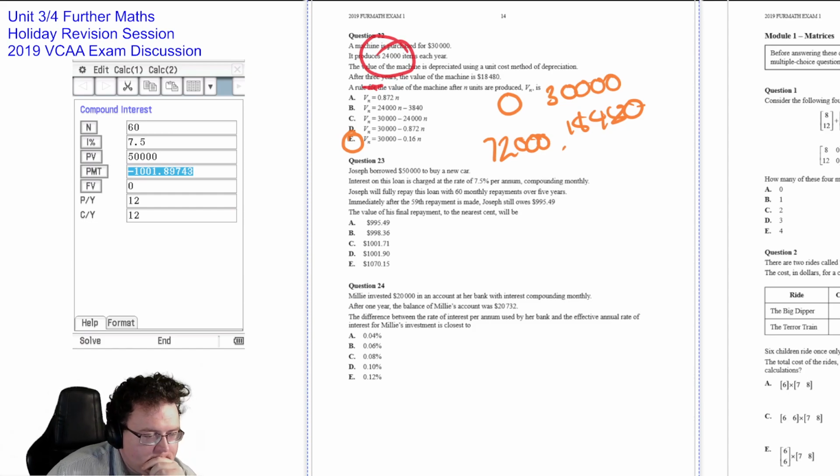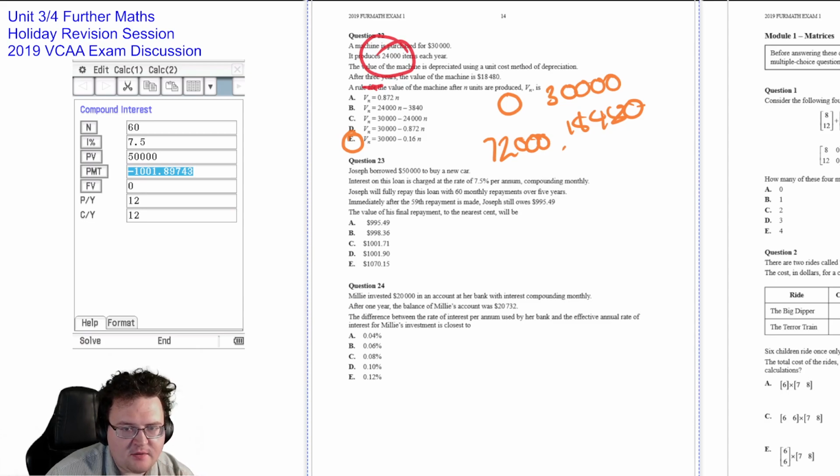Now, by doing it that way, we have actually got a slightly incorrect answer. Because what we've done is we have worked out the payment that needs to be made for the entirety of the loan.